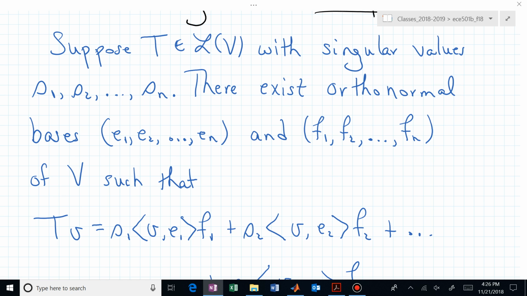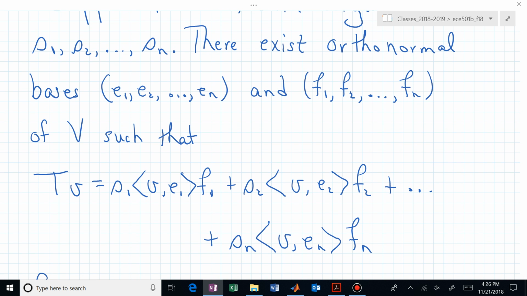We now have a linear operator T with singular values, n of those, so we're assuming V is an n-dimensional vector space. There exist two bases, E1 through En and F1 through Fn on this vector space V, such that we can decompose this operator operating on a generic vector V in the following way.